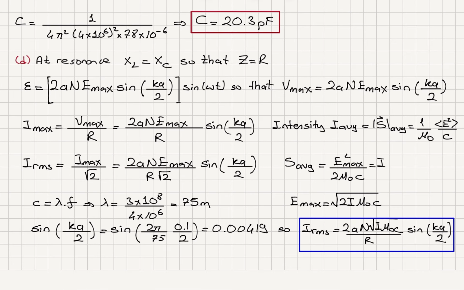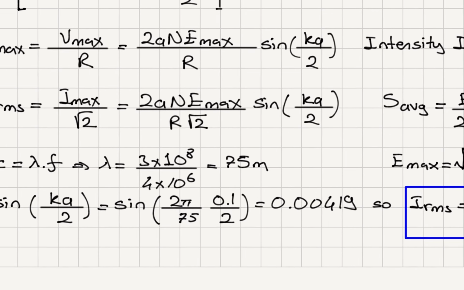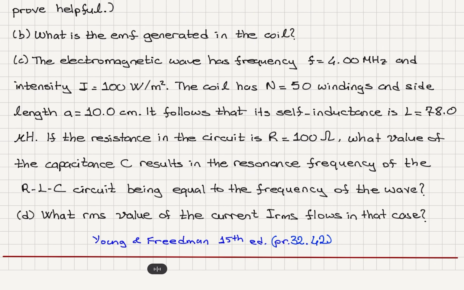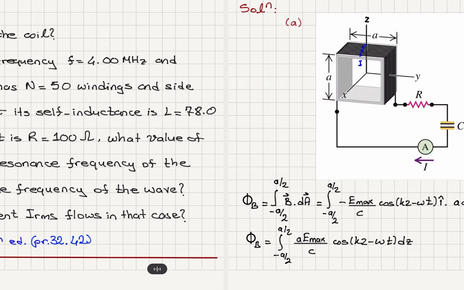Now all we have to do is substitute the numbers to get the numerical value. The RMS current I RMS is equal to 0.1 meters, 50 windings. The resistance was 100 ohms, let's double check that. Yes, 100 ohms.